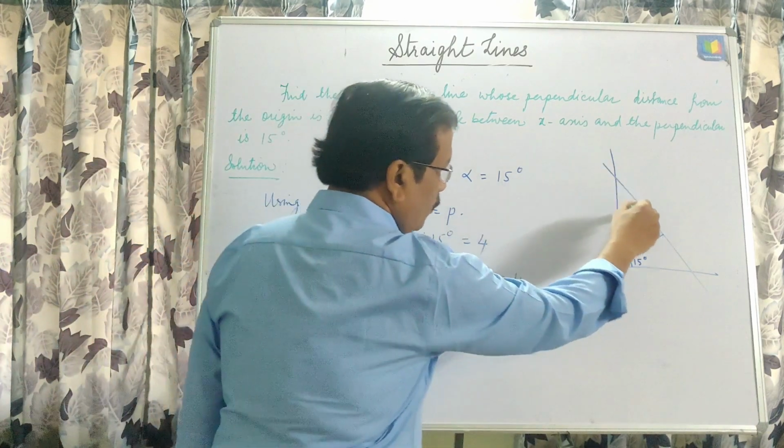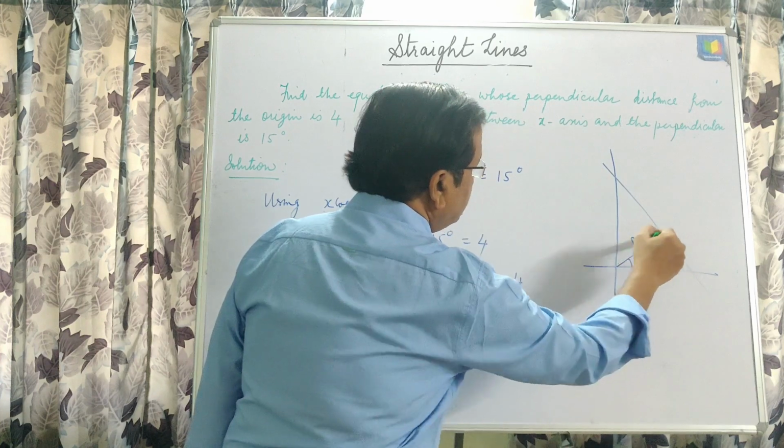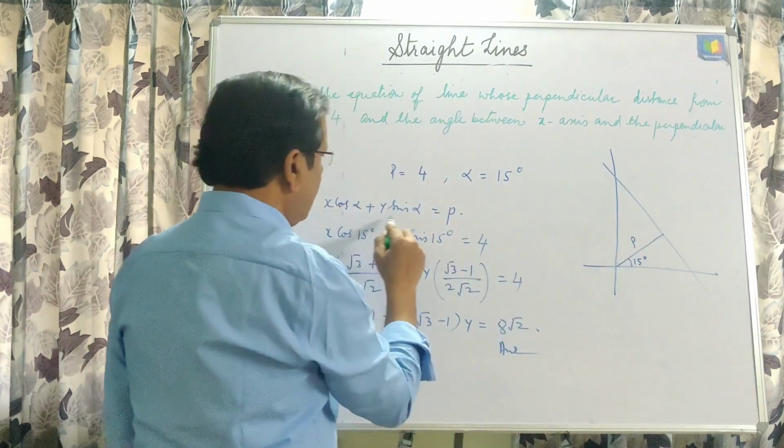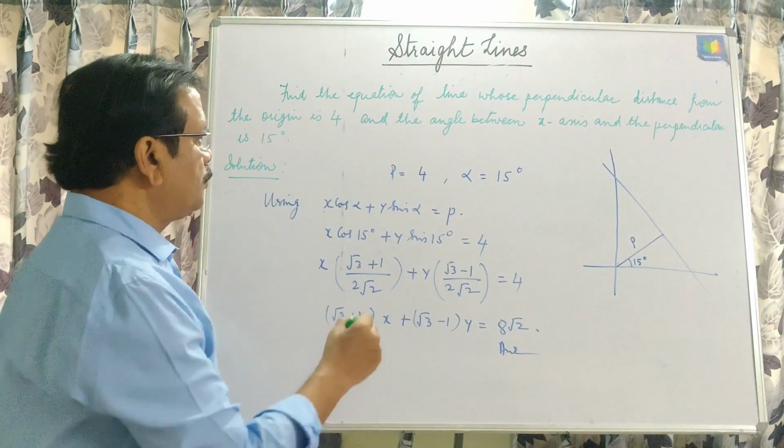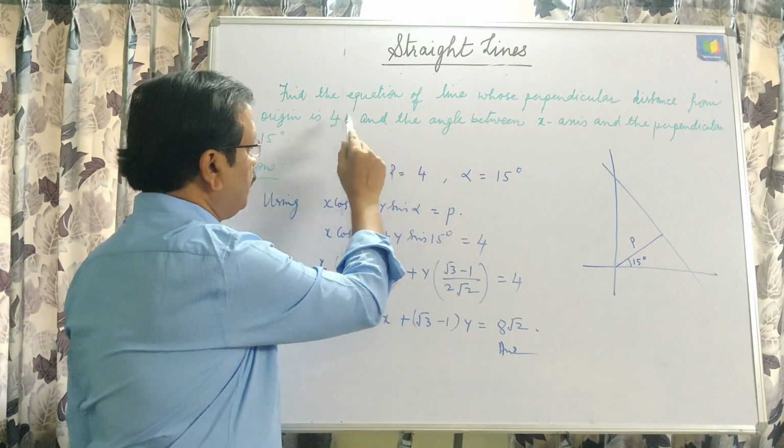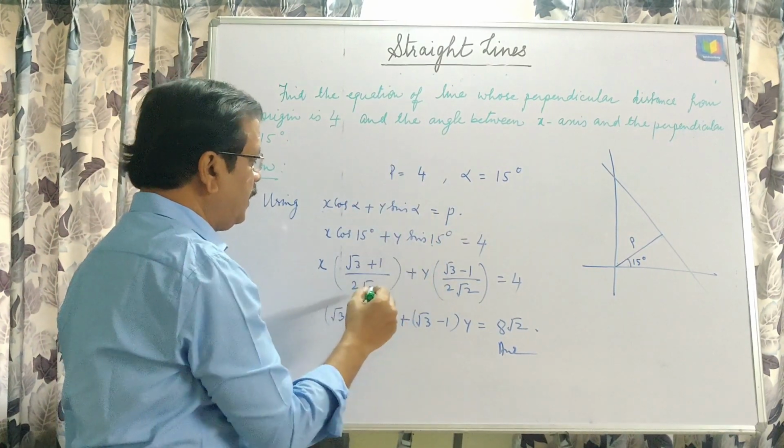We have to find the equation of this line in terms of p and alpha, and after writing this you substitute the values of p as 4 and alpha as 15 degrees.